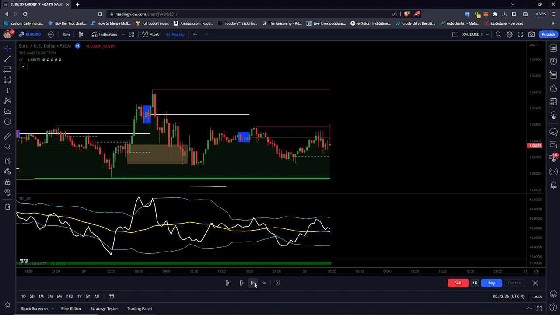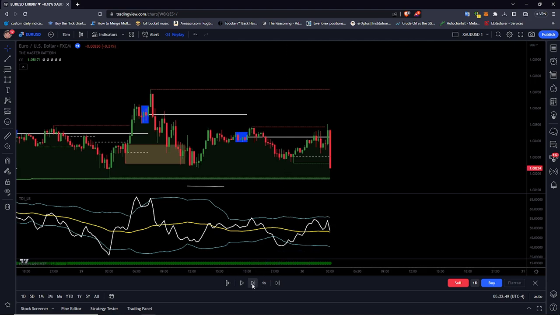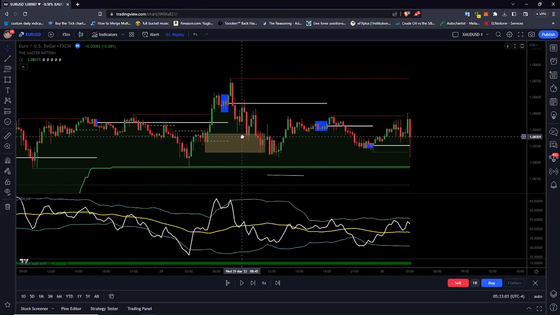Notice how, when that big bar spikes down, it won't even come below this yellow line. Look, you see how it went down there, and this couldn't even get below the market baseline. That tells me that price is going up.